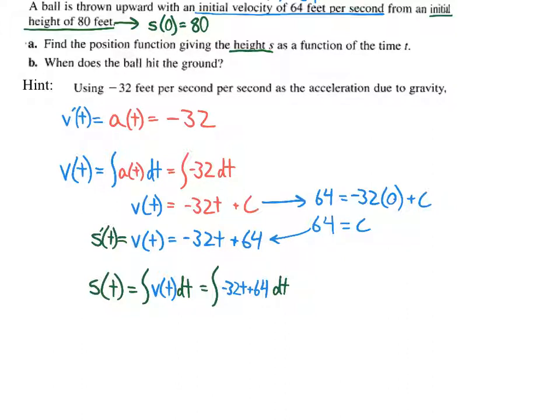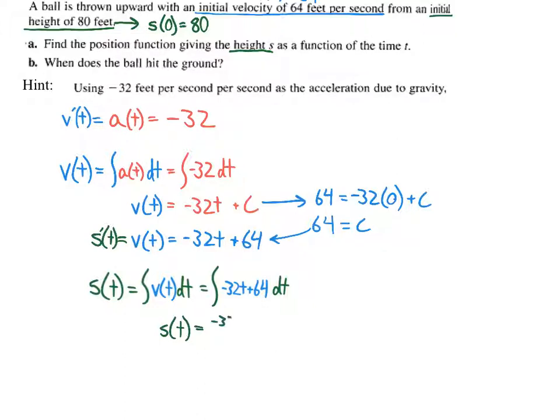So what is s of t? Negative 16t squared plus 64t plus c. Okay? What is c? So remember your rules for taking the integral.